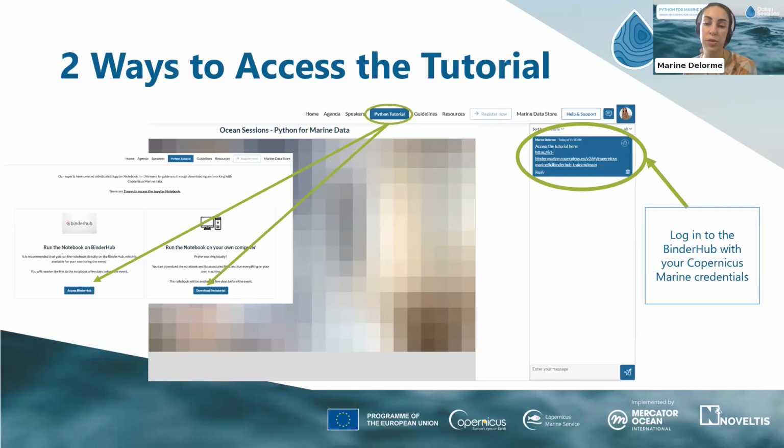Or you can also go to the email you received 30 minutes ago, which also had the link to the platform. If you prefer, you can also run the notebook on your own computer. However, we recommend using BinderHub as all the required packages are already installed, making it easier to follow along. Just one piece of advice: make sure to keep your BinderHub window open throughout the session, as reopening it later may be difficult due to server limitations.